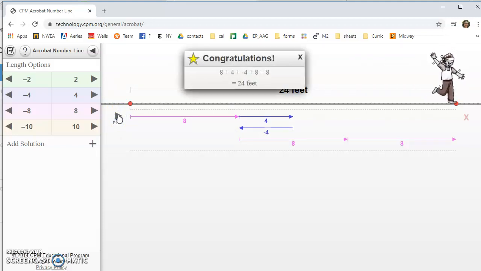Ta-da! You'll see a box pops up, and that tells you the equation for his moves. You'll see that this one is 8 plus 4 plus -4 plus 8 plus 8, and that gets us to 24 feet. This is the equation that I will want you to type into your answer box in Formative for the last 2 puzzles. I'll explain more about that later.